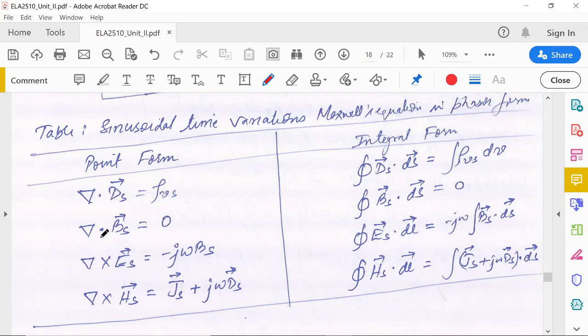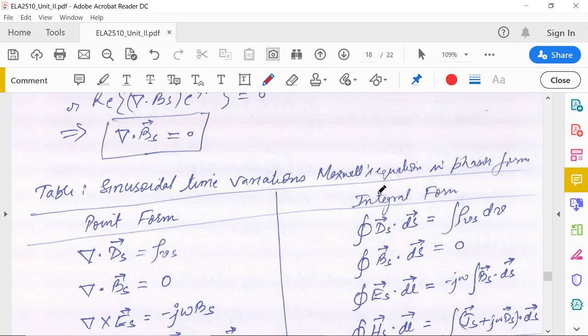Then del dot B_s equals 0, curl of E_s equals minus j omega B_s, and curl of H_s equals J_s plus j omega D_s. You have to remember that instead of del over del t, we now have the j omega term. These are the point forms, and there are also the integral forms of Maxwell's equations in phasor form.